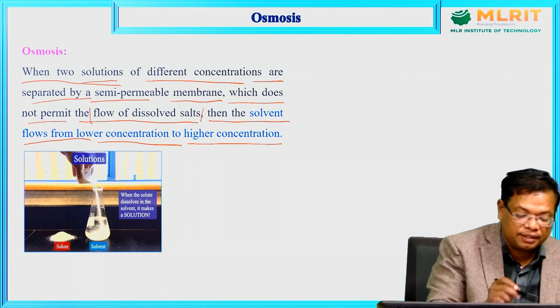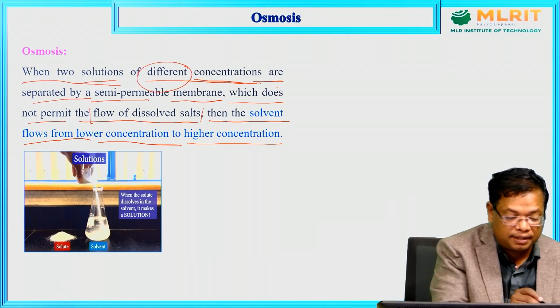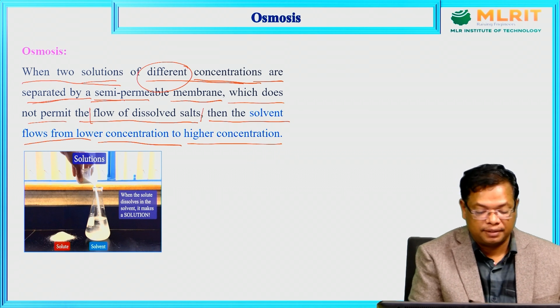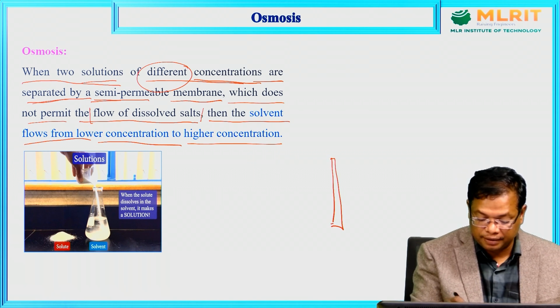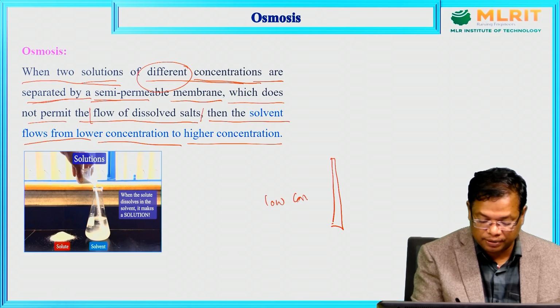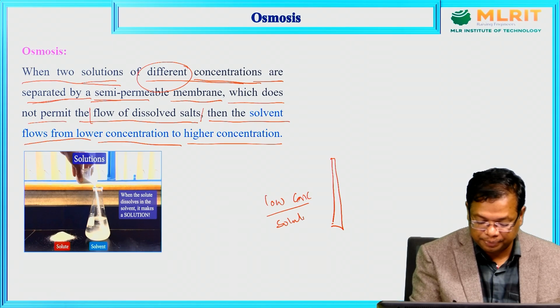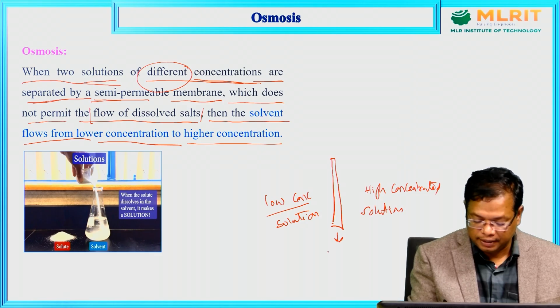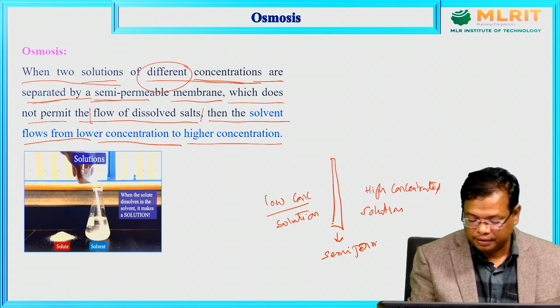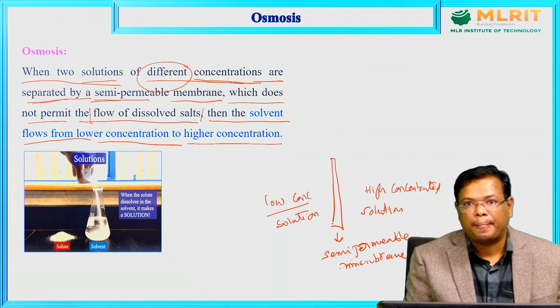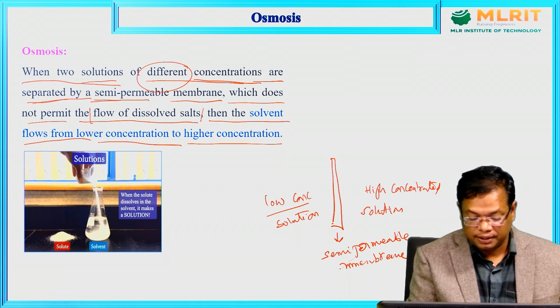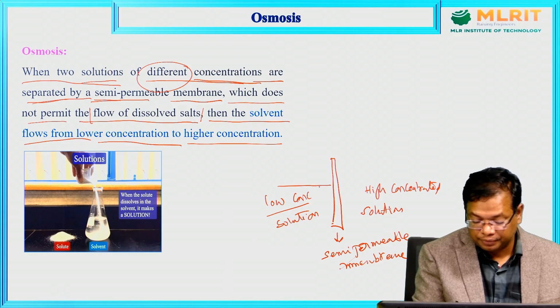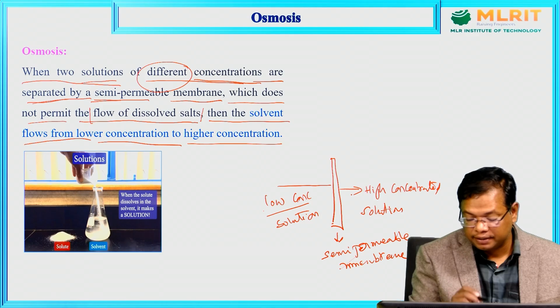When two solutions of different concentrations are separated by a semi-permeable membrane, two different concentrations, low concentration solution and high concentrated solution, with a semi-permeable membrane in between, generally the solvent flows from low concentration to high concentrated solution.